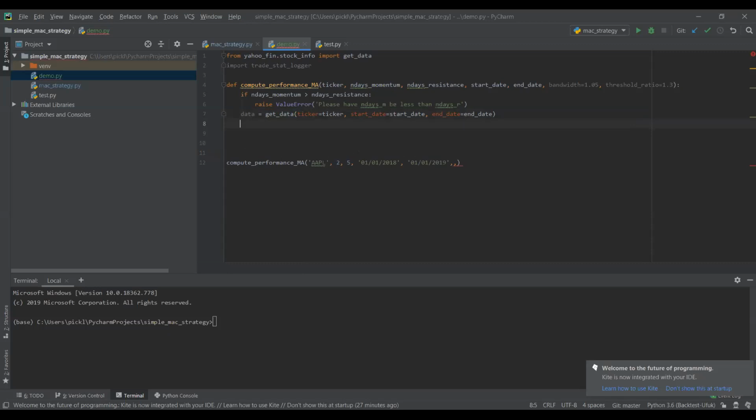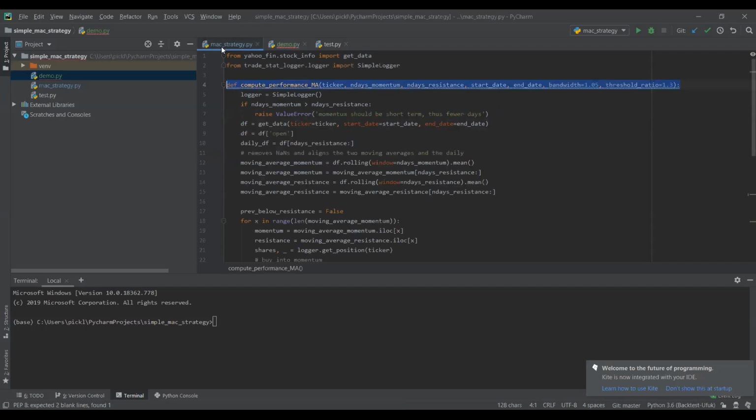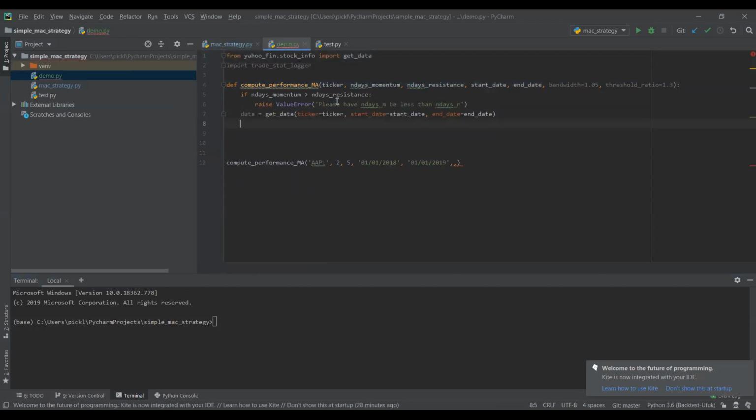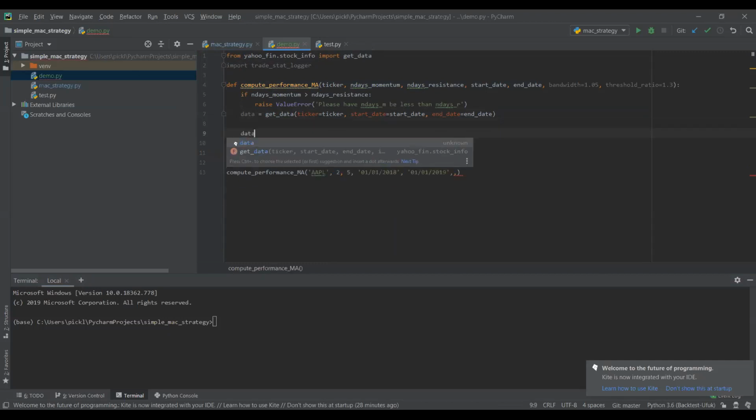After we get the data, we're gonna have to create moving average bands. So we're gonna copy it. Oh yeah, for the get data function, we get it in OHLC format, and we only want the open.